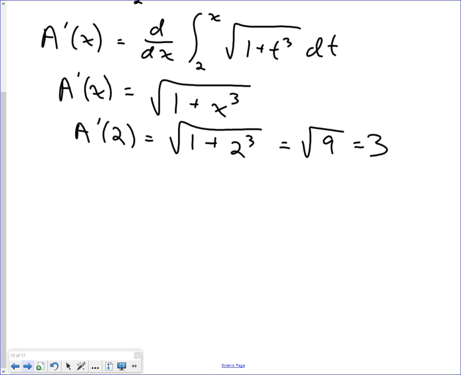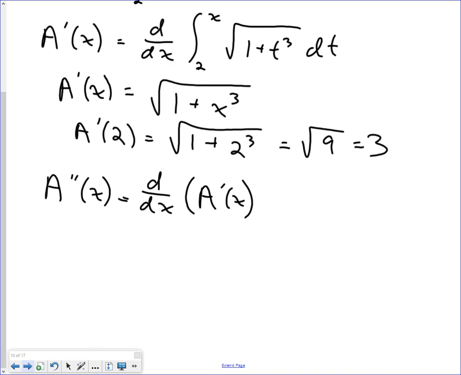Finally, we want a double primed here. So a double primed is going to be the derivative with respect to x of our first derivative. So we're going to want to take the derivative of this thing that we got for our first derivative. So the derivative of 1 plus x cubed, taking the square root of all of that.